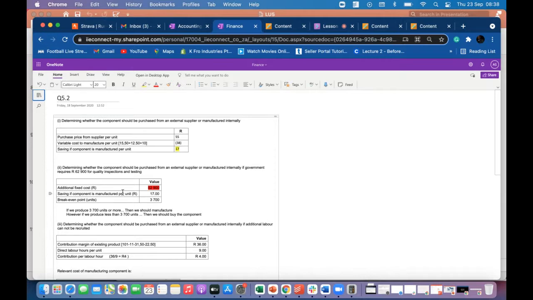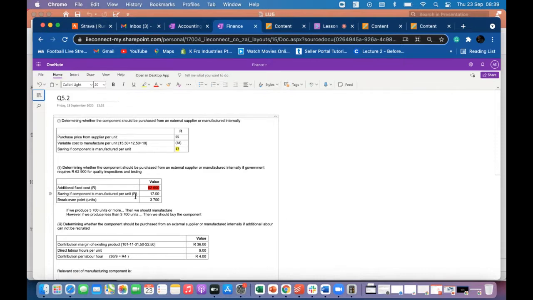But then we have to ask ourselves, how many units do we need in order to cover this fixed cost? Okay, cool. Let's use the saving element, which can be viewed in a sense like the revenue that we'd be generating as a result of not paying that to the supplier. Let's use that as the marginal income, okay?